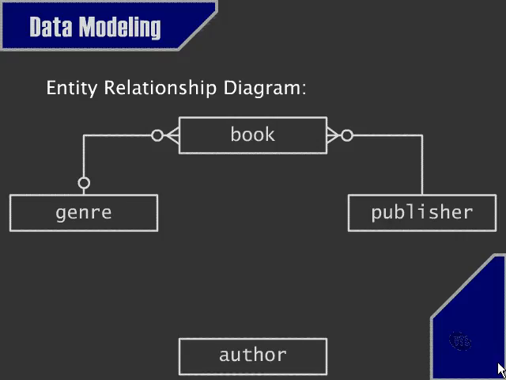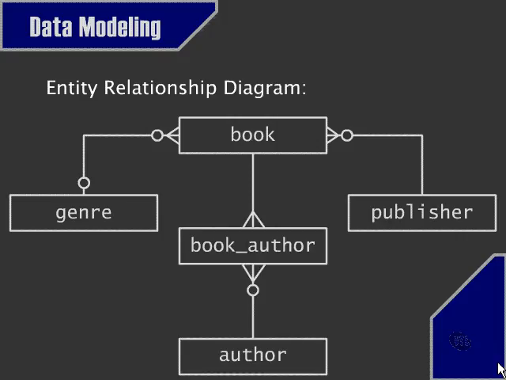In order to represent a many-to-many relationship, as in any number of books can be written by more than one author, we have to use a bridging table. I've called this book author, and this is a way of implementing a many-to-many relationship in a way that can be used by our relational database management system.